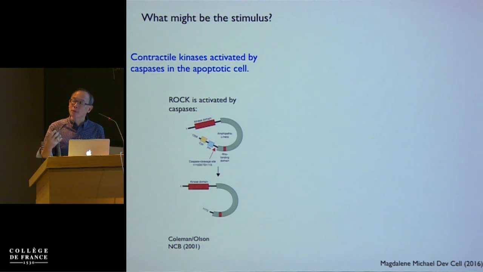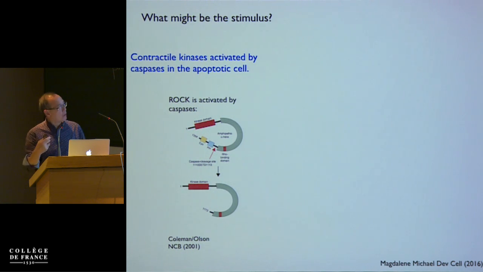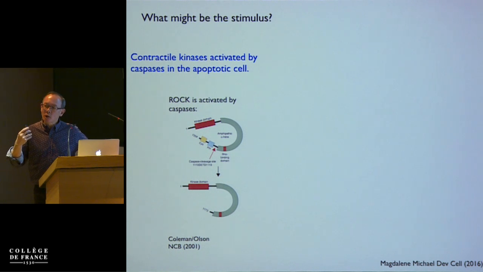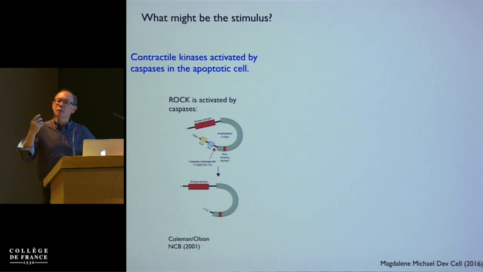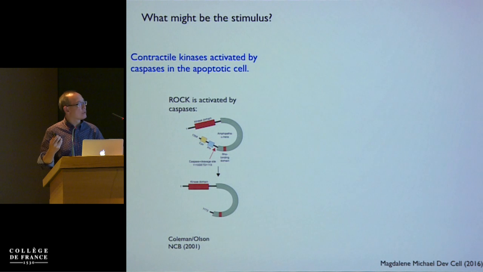Some of the elements of this we have known about for some years. In particular, we and many of my colleagues have been interested in the idea that contractile forces generated when cells undergo apoptosis may be a major signal that's transmitted to the neighbors.